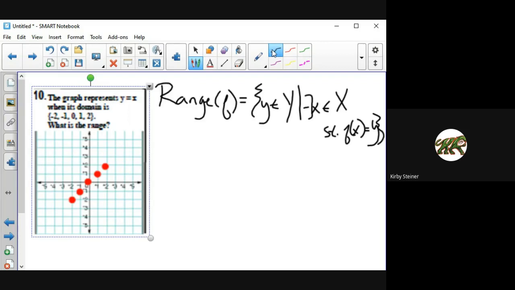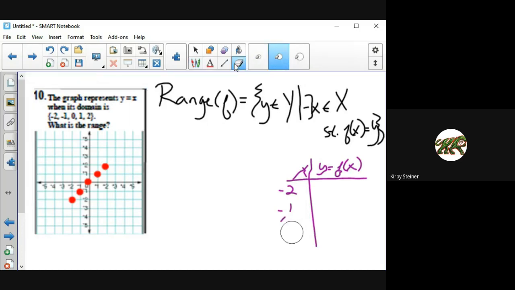And so again, we're going to create a table. We have x and y equals f of x. We have -2, -1, 0, 1, and 2.